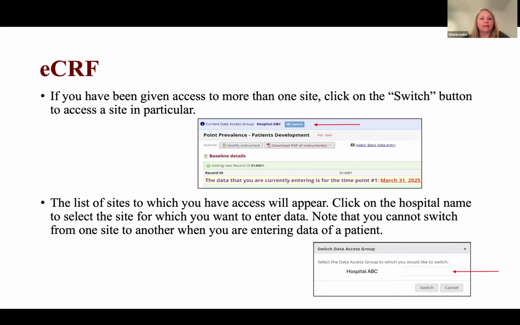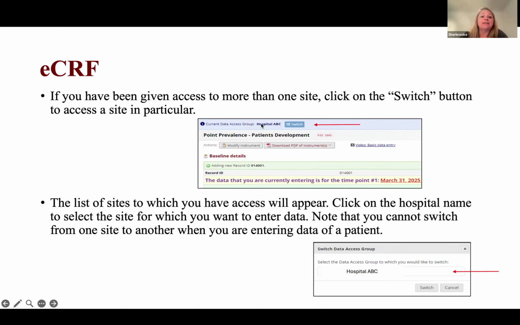The eCRF, which is REDCap, as you know, for the sites that have access to more than one site, please make sure to select the right hospital when you enter your patient. In the section in blue at the top, you have the name of the hospital.